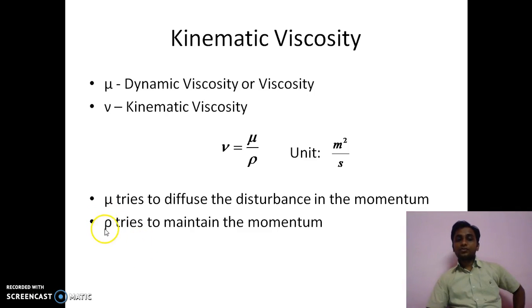Mass is again associated with inertia and momentum, and hence we can say rho will try to maintain the momentum. Now what exactly is nu, which is a combination of mu and rho? It is an indicator of the relative tendency of diffusing the disturbance in the momentum as compared to the tendency to maintain the momentum. So mu is going to disturb and rho is going to maintain. From this we can understand the physical significance of kinematic viscosity.